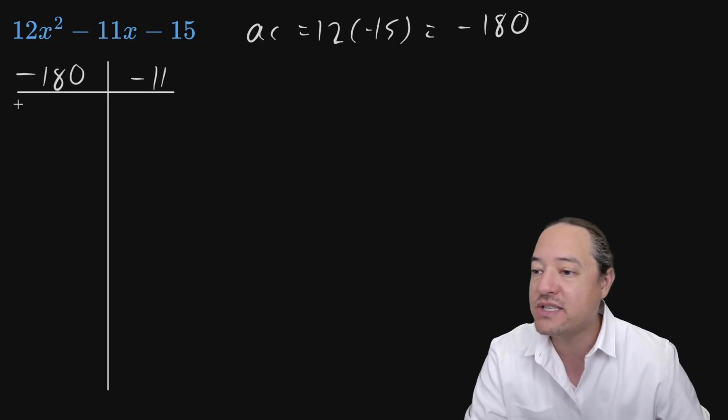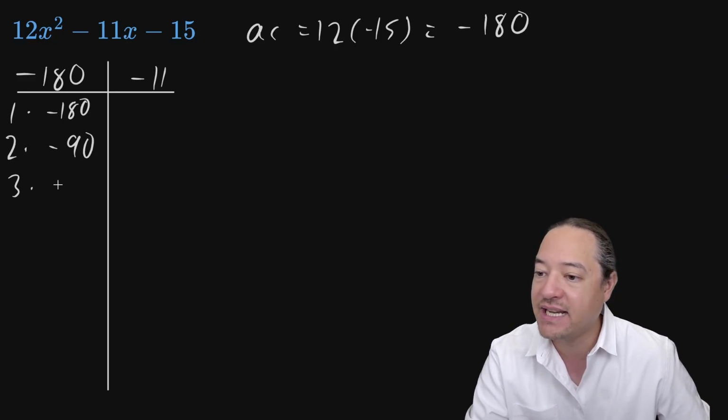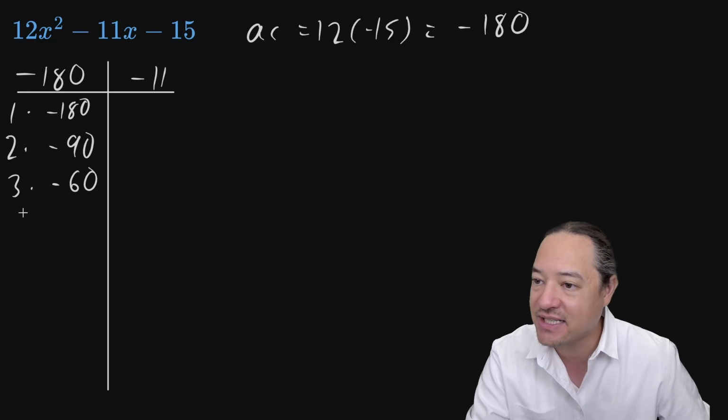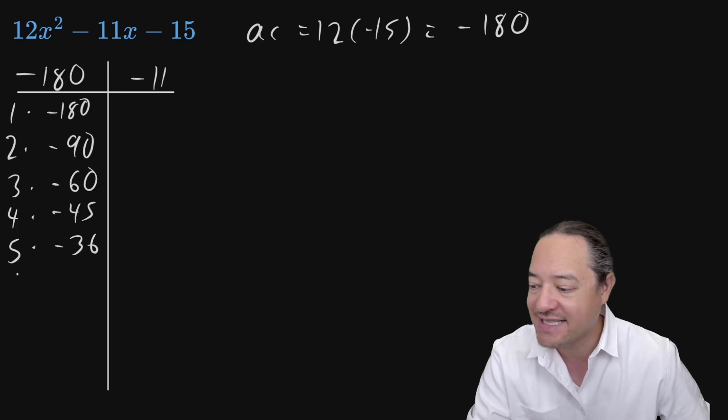So what that means is I'm going to consider 1 and negative 180, right? 2 and negative 90. 3 and negative 60. Does 4 work here? I believe it does. I think we'll get a negative 45. 5 will also work here. We can check, but this is going to be a negative 36. Right? 6 also works.